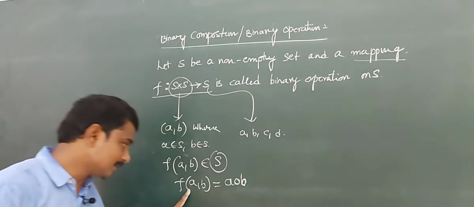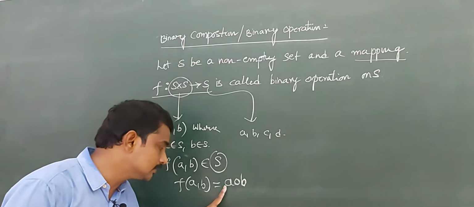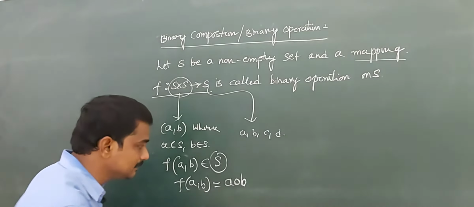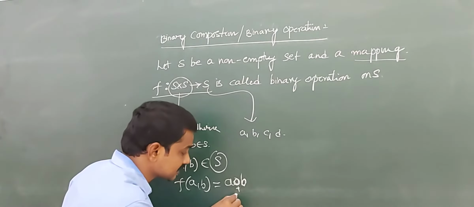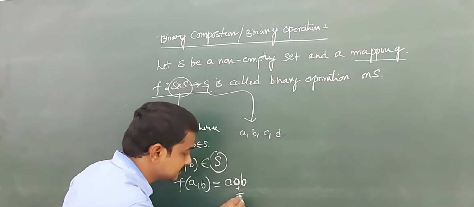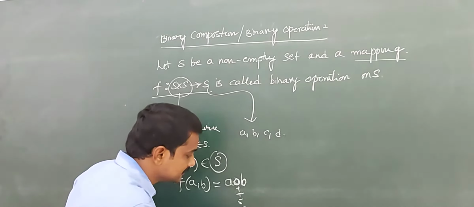That means f of (a, b) is equal to a circle b. Here the circle is an operation: addition, subtraction, division or multiplication.